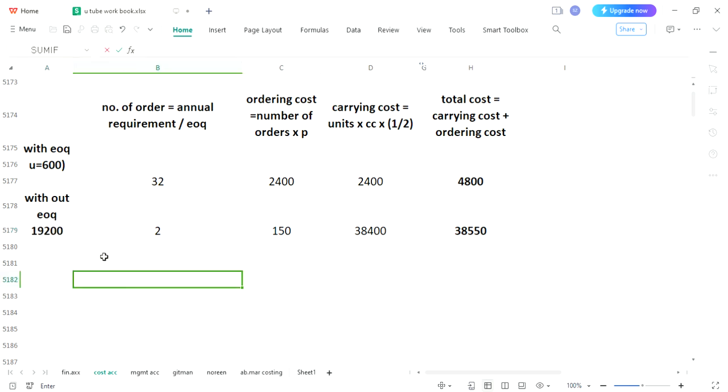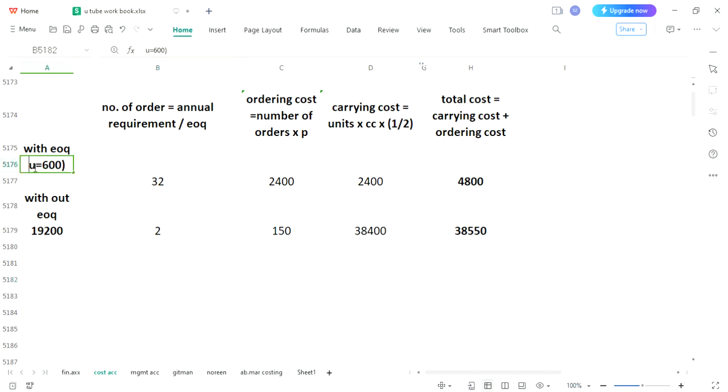Now decide it. If you use 600 units for a single order, you will have your total cost 4,800, and when you carry only 600 units, your carrying cost decreases to the level of 2,400.